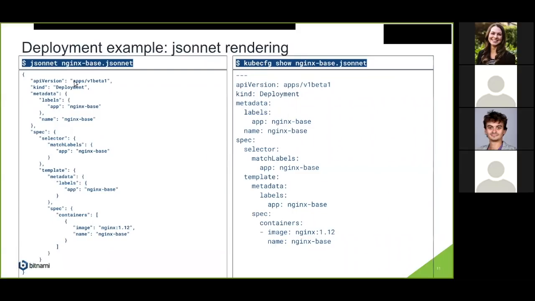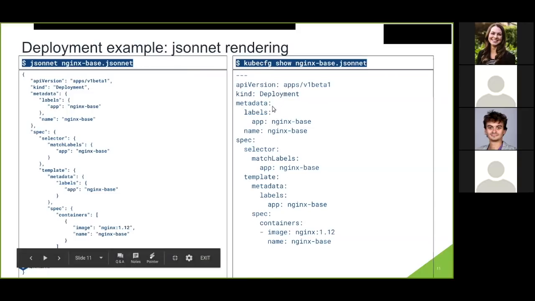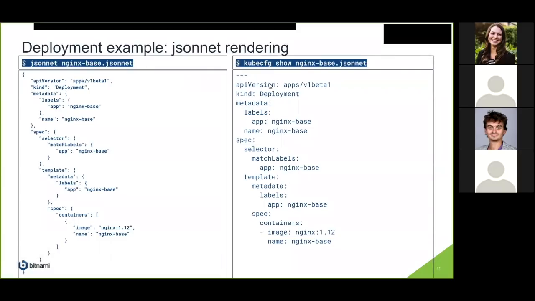Indeed, Jsonnet can only output JSON, or maybe a stream of YAML with pieces of JSON inside, but cannot output YAML. We will see that kubecfg, the CLI that we will be talking about today, does output YAML by default, and this YAML output is mostly equal, if not completely equal, to the template we originally saw there.